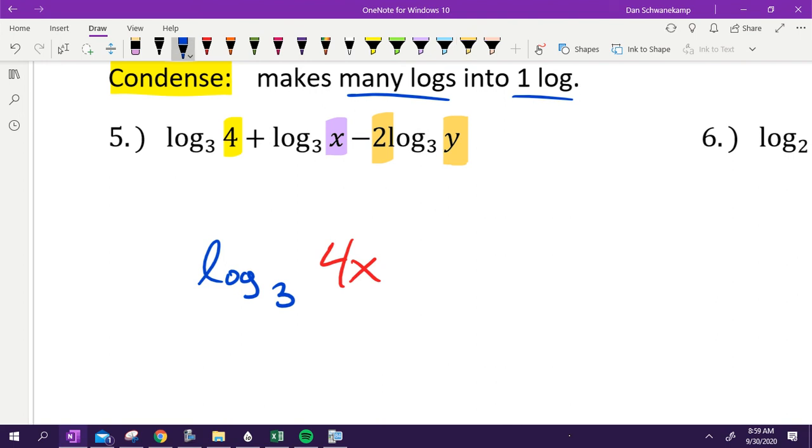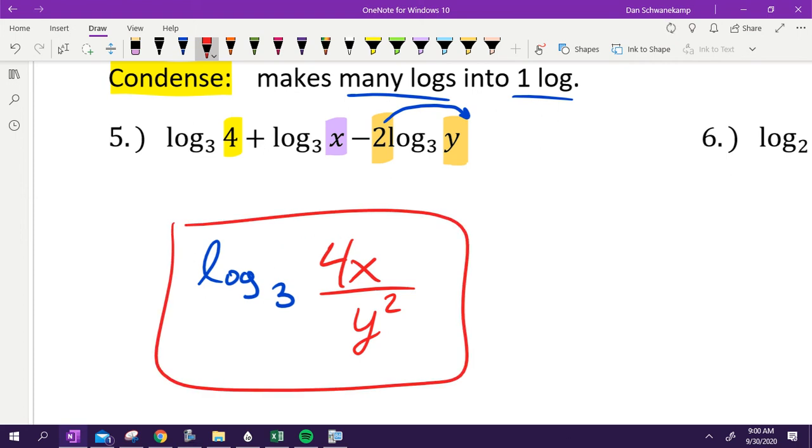What does that 2 actually mean here? Squared. It's an exponent. And where is it going to go if it was a minus sign? On bottom. It's y squared. That's my condensed logarithm. I took something fairly complicated, made it simpler. They're both the same. The bottom one's going to allow us to solve it a lot easier. Questions on 5?